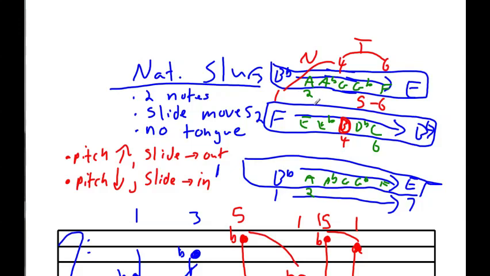Let's see. Likewise, we have E's as well. E is also common between these. So if I were to play A in 2nd to E in 7th, I'd have to tongue. But that's very unlikely that I would want to do that. So that would actually be a tongue slur from A to E. But if I use primary positions, A to E, they're both in 2nd position.